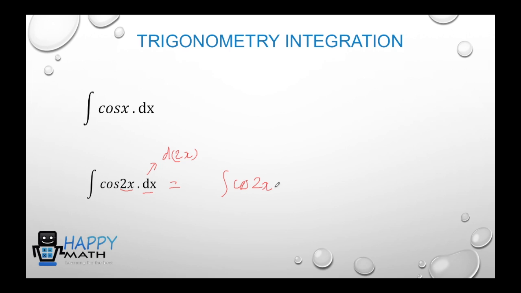It will be 2 d of 2x, so you have to multiply the dx by 2. So to leave the main function unchanged, you have to divide by 2. It means you multiply by 1/2 for the whole operation. After multiplying by the 1/2 ratio, the main function is unchanged, and you get the main purpose of the operation here: cos 2x equals d of 2x.